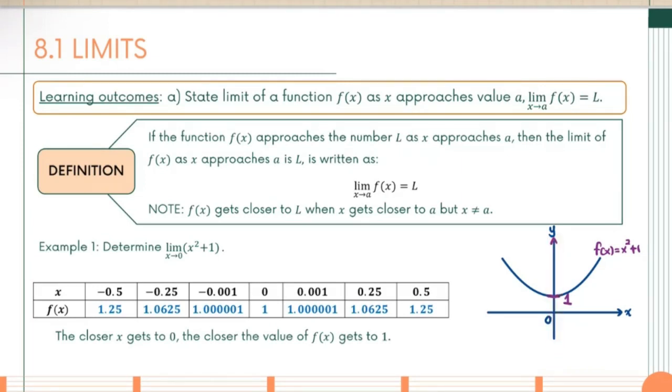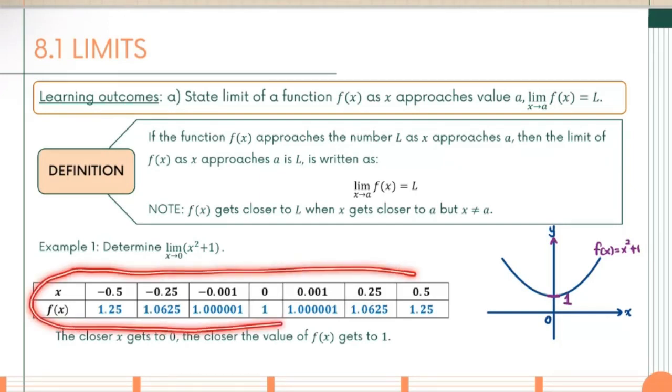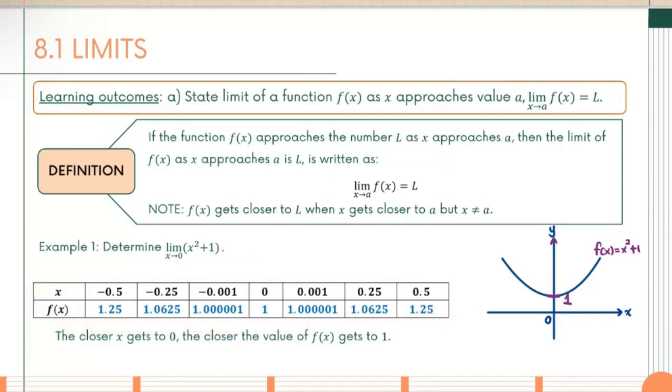So limit ni macam mana? Okay, kat sini saya dah bagi terus table bila kita gantikan nilai x equals to negative 0.5, negative 0.25, negative 0.001 and 0. And then kita ada 0.001, 0.25 and 0.5.